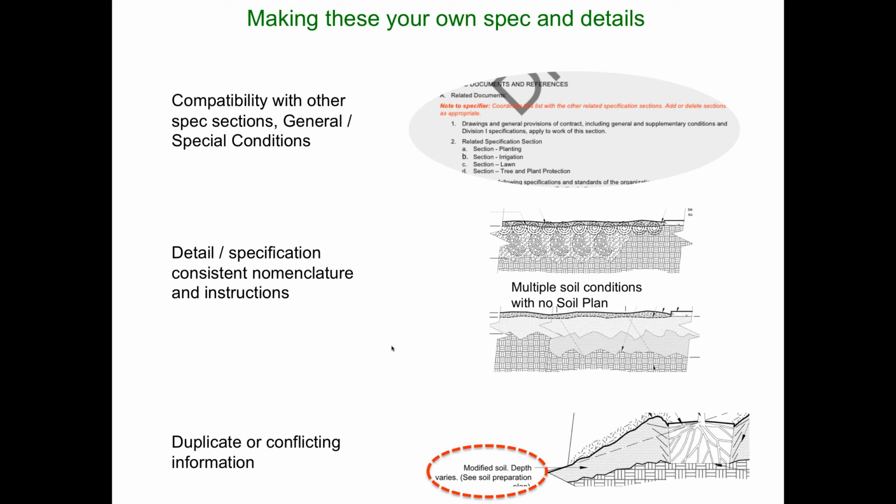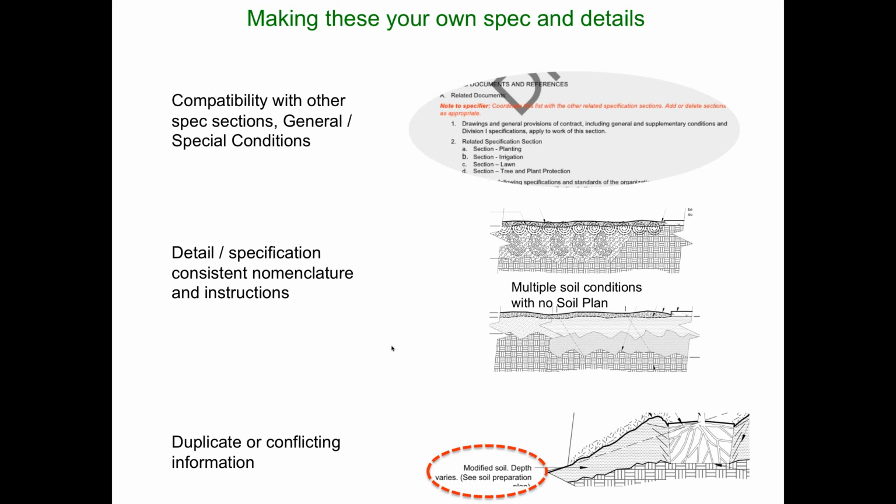You need to understand that each spec section has to be compatible with both the general conditions of the contract that you're working within and special conditions and other specification sections. So there is some coordination that you have to do. When you begin to modify the details and the specifications, it is important to keep the nomenclature and instructions consistent.